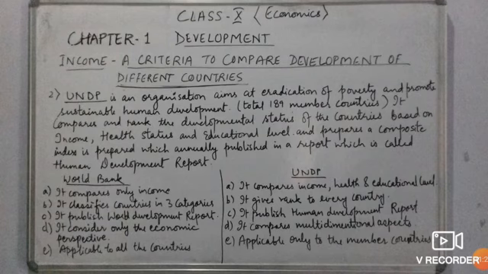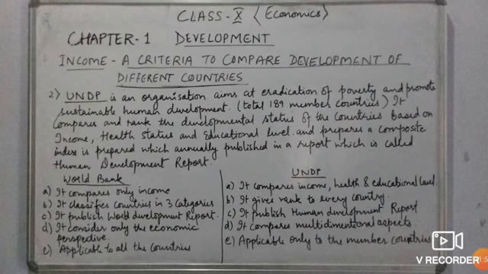There are around 189 member countries in this organization, and it compares and ranks the developmental status of countries based on income, health status, and education level. UNDP considers these three criteria to judge the development of different nations, right?